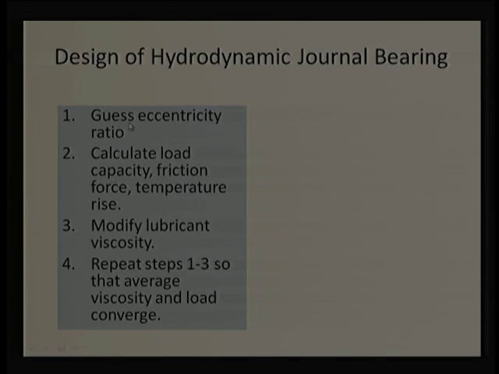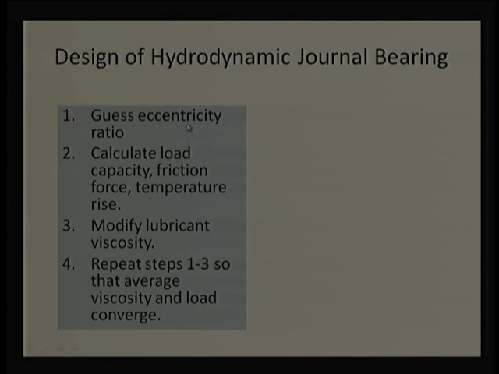First, guess the eccentricity ratio. An eccentricity ratio of maybe 0.5 will be an initial approximation. We know the minimum value is 0 and the maximum value is 1. I will take 50% of that, so epsilon is equal to 0.5. That is an initial guess, and we need to go ahead with that.